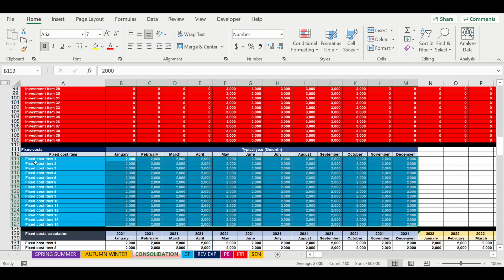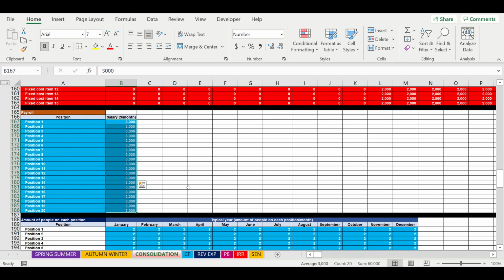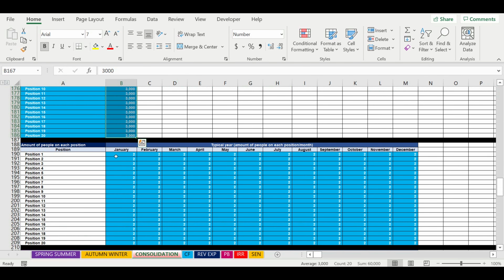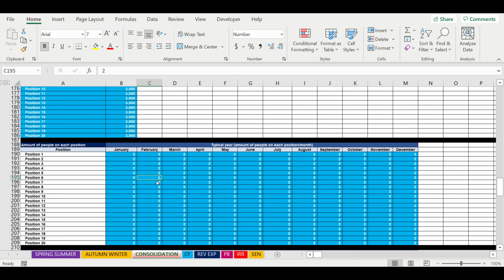Then we talk about payroll. We name all our positions. Then we specify the salary for one person in each position. Then we have a typical year where we can specify the number of people in each position to calculate the payroll.